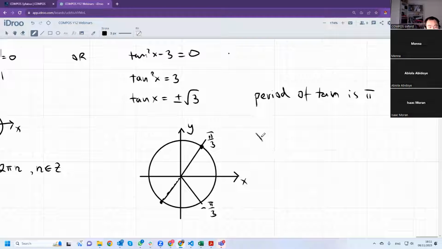So you could say x is equal to pi over 3 plus pi n, with not 2 pi n, but pi n, because it's half a turn, then another half turn, etc. Where n is an integer, but it also is minus pi over 3 plus pi n. So you can simply put plus minus pi over 3.